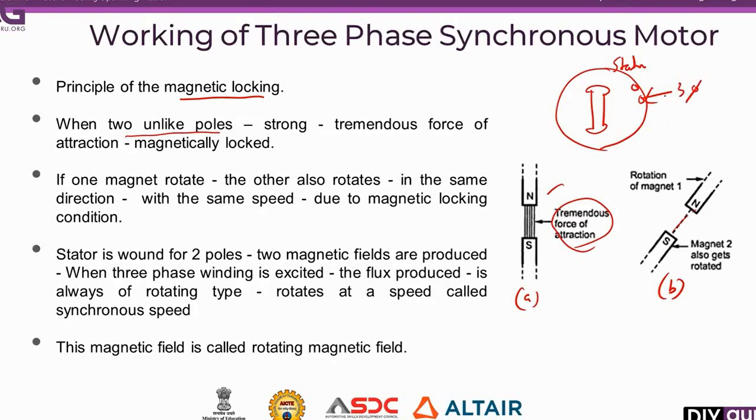Because of this supply, there will be a current flow and flux is produced. This flux is nothing but the rotating magnetic field which rotates at the speed of Ns, which is the synchronous speed. This rotating magnetic field will produce the same effect as we discussed in these two diagrams. So this Ns will rotate at the speed of 120 F divided by P, as shown here.